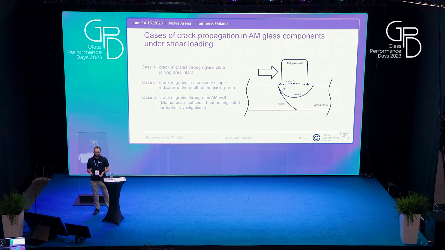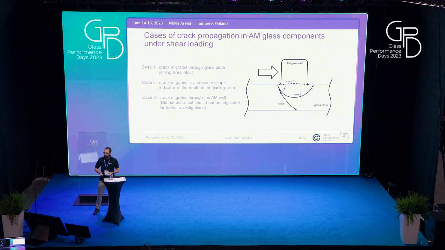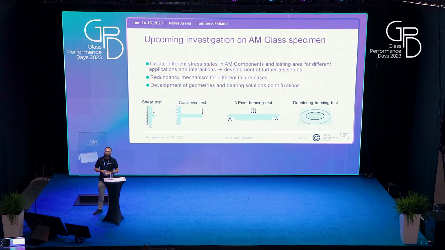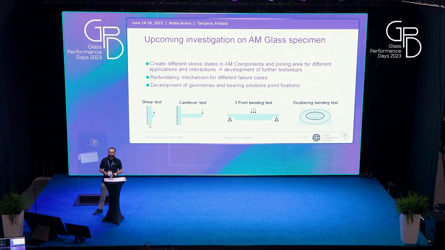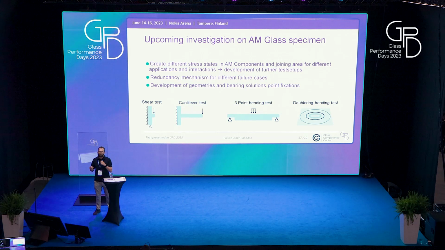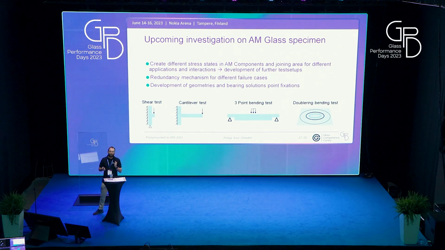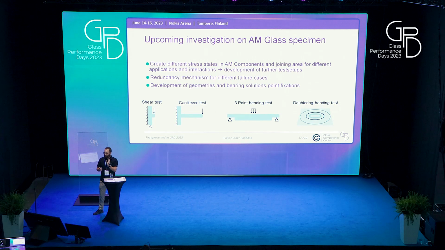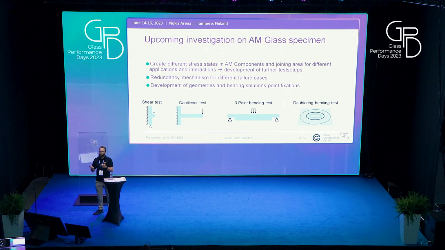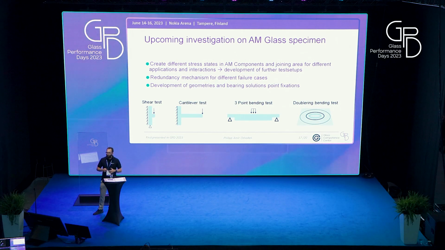What's next is the question I have to ask now. Of course, we want to investigate different stress states in the AM glass components. We have different tests we would like to do, for example a double ring bending test, 3-point bending test, or a cantilever test. Especially in the cantilever test, there's a higher stress state in the AM component itself. The other ones are rather testing the joining area.